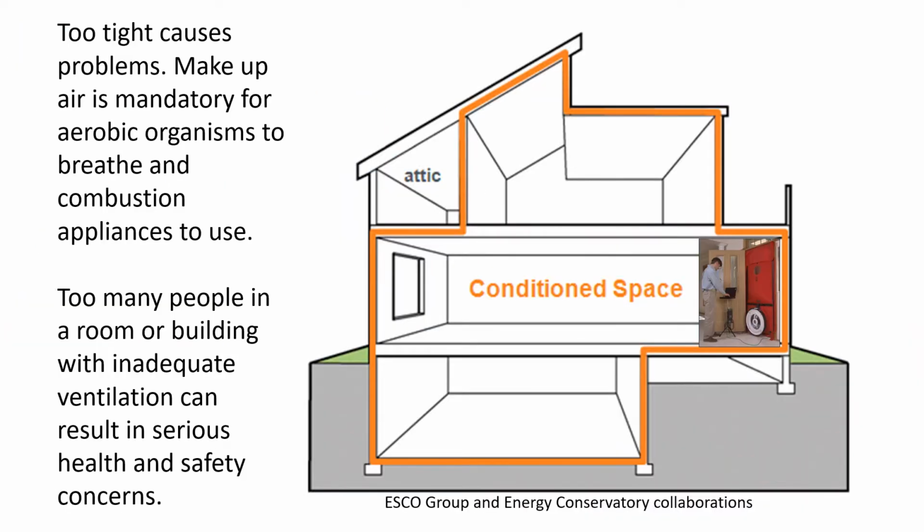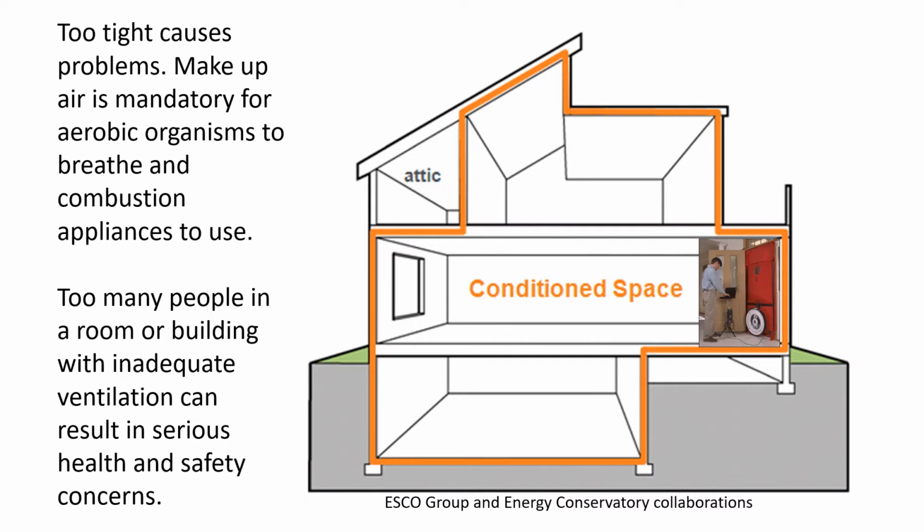So people live in spaces. We need to know some of the building characteristics, like how tight it is with air exchanges in the conditioned space. One way of determining air exchange is measurement using a blower door. Too tight causes problems. Make-up air is mandatory for aerobic organisms to breathe and combustion appliances to use.